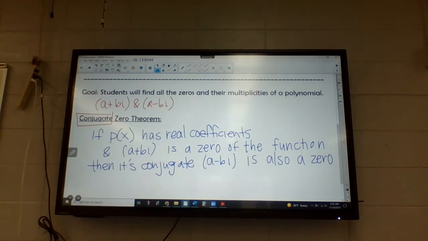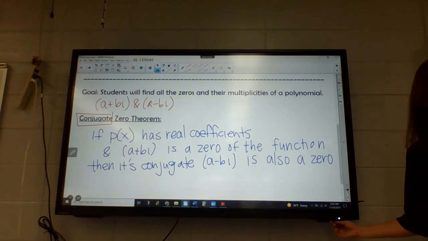This technically happened yesterday, but we hadn't mentioned it or said that it was a rule. If an imaginary number is a zero, then its conjugate is also going to be a zero.